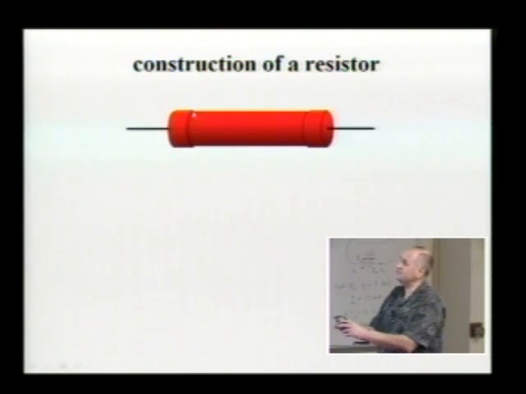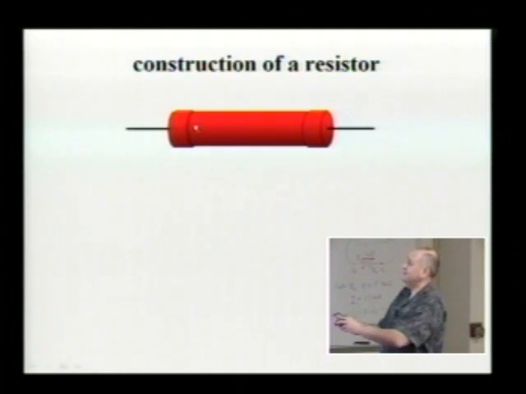Imagine that this is a conductor, and we make a cylinder from the conductor and connect both ends to wires and create a potential difference across this cylinder.